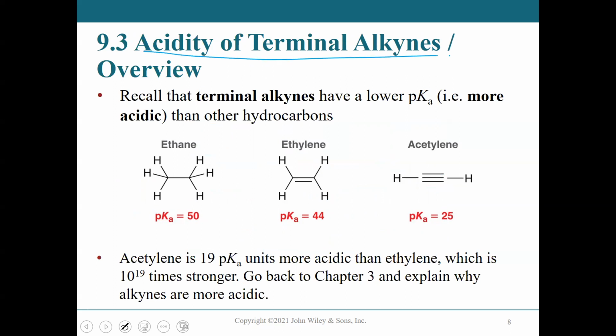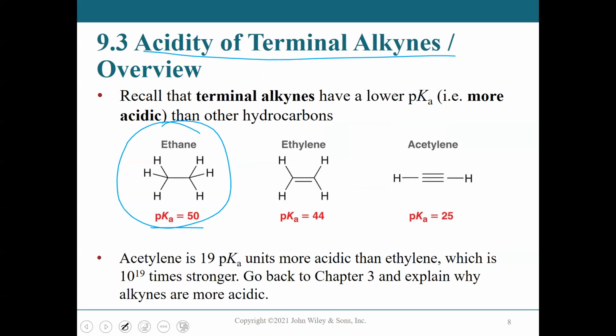Acidity of terminal alkynes. Terminal alkynes are unusually acidic. Normal alkanes like ethane have a pKa of 50. Not acidic at all. Just to give you an idea, water has a pKa of 14.